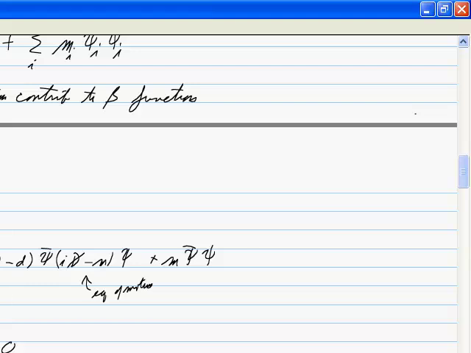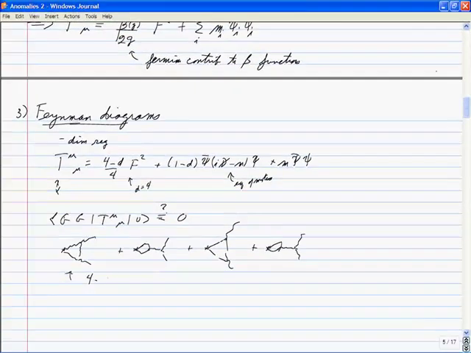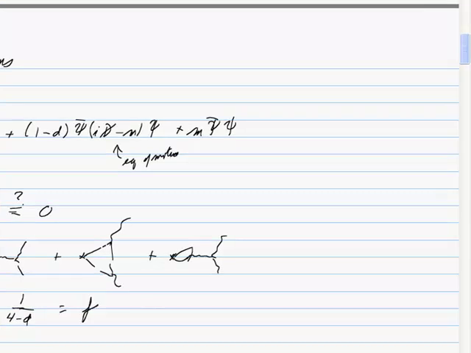So what ends up happening is that this one here goes like (4 minus d) over 4 times g squared over something, 1 over (4 minus d). It ends up being finite. Okay, so it's divergent, but the coefficient ends up being finite.